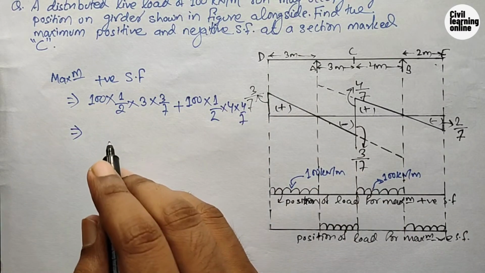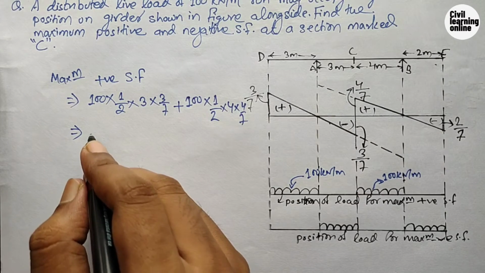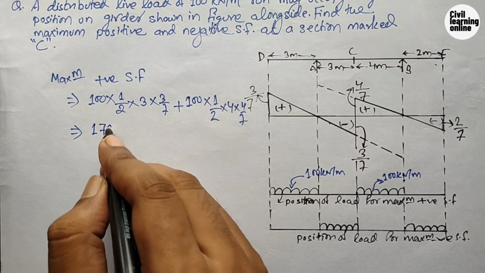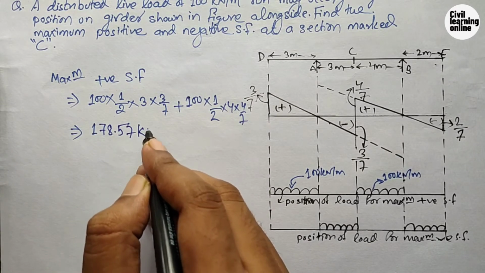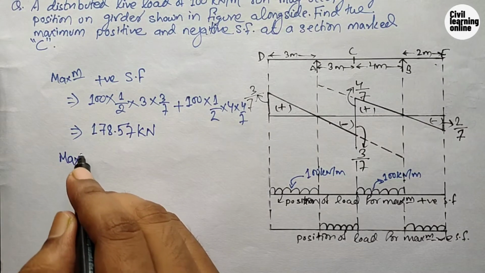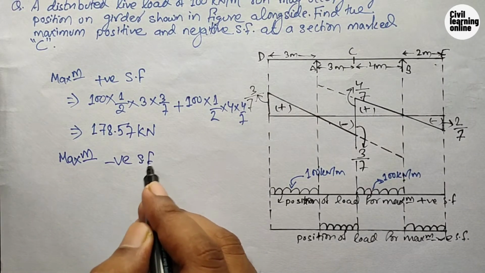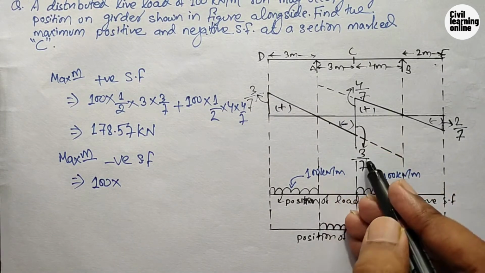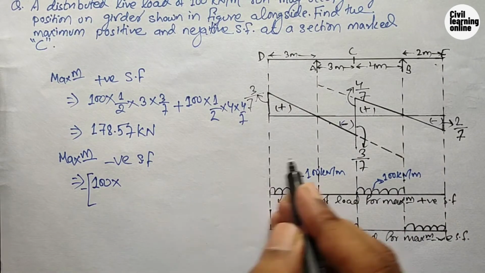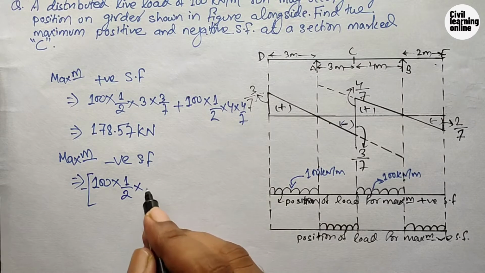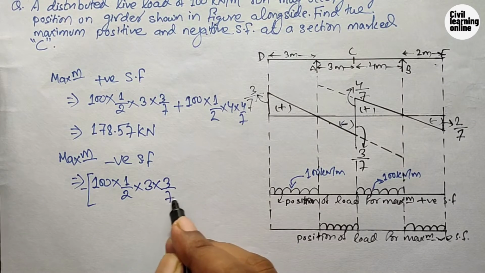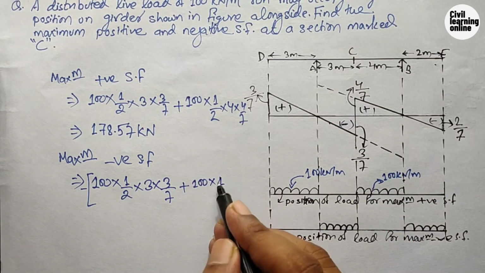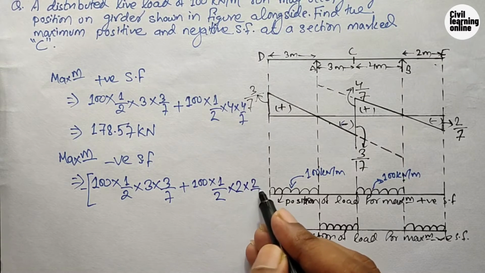On solving this, we will get the value of the maximum positive shear force, that is 178.57 kilonewton. Similarly, if you calculate the maximum negative shear force, then this is going to be 100 multiplied by area of this triangle, which is going to be negative, half, base is 3 meter and the height of the triangle is 3 by 7, plus 100 multiplied by this triangle, half, base is 2 meter and the height is 2 by 7.